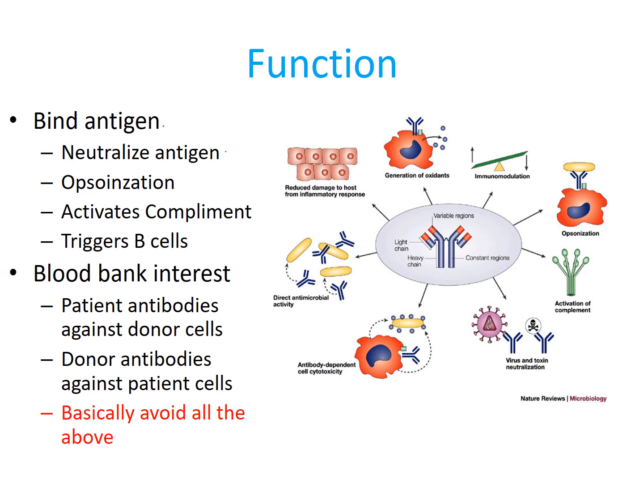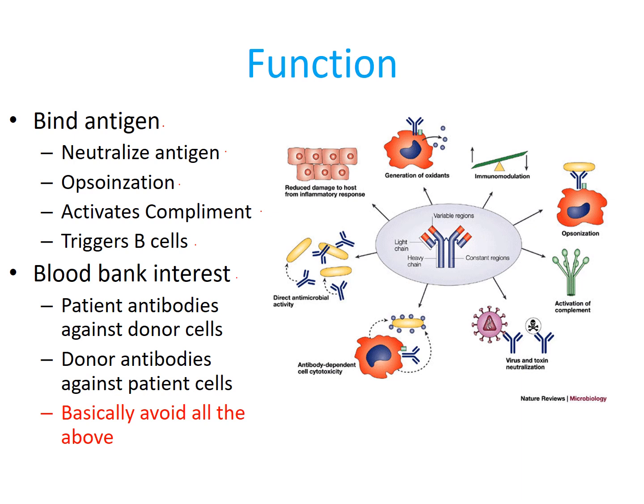That's not always the case, but in some cases it is. The antibody could also cause opsonization, obviously. It can activate complement, which would then cause lysis of a cell wall, and it can also trigger B cells to trigger that immune memory. But those are the main functions that antibodies can do.